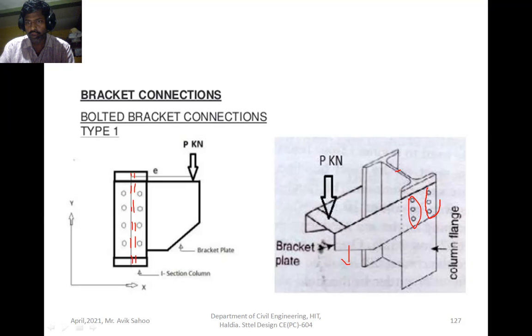The bolts are placed in this way. So if the bolting arrangement pattern is such, if the bolts are placed in this way, then the connection is type 1. Here you see that the load is lying on the plane of the joint.